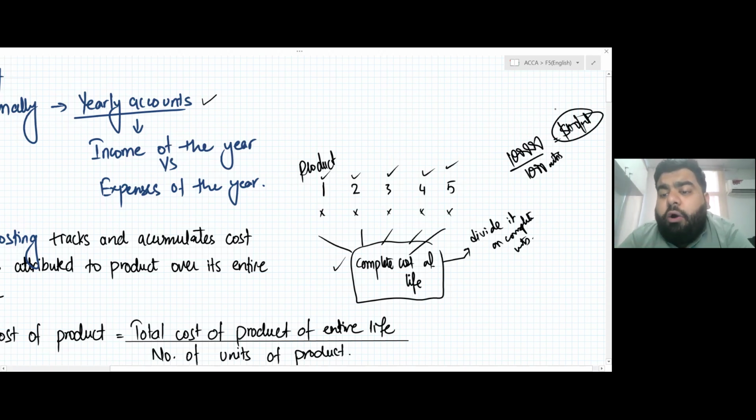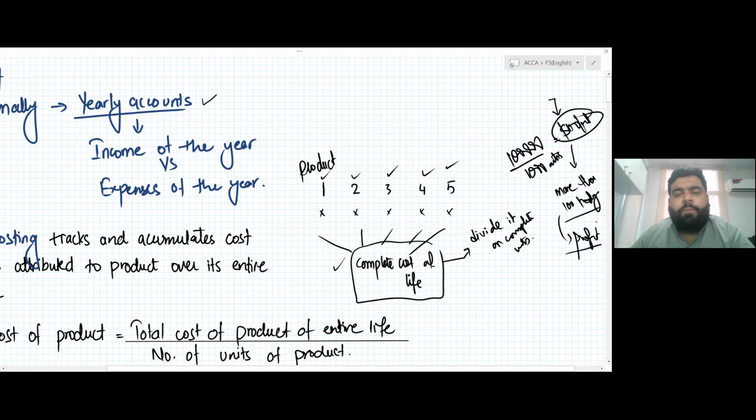Now you know that on average, one unit will cost you $100. And if you are selling for more than 100 today, obviously over the life you will earn a profit, because cost per unit over the life, meaning complete cost divided by complete units, is $100, and you are selling it for 120 or 130 from today till the end.